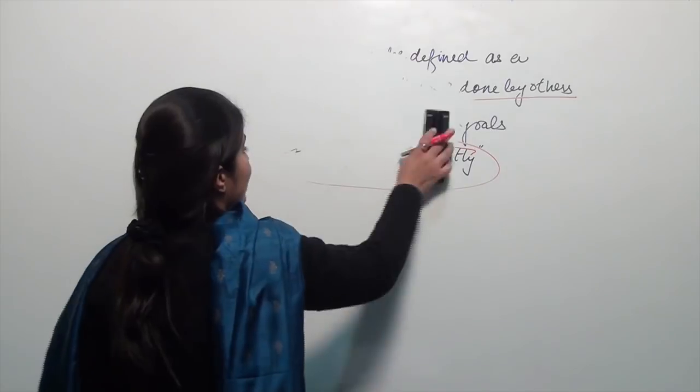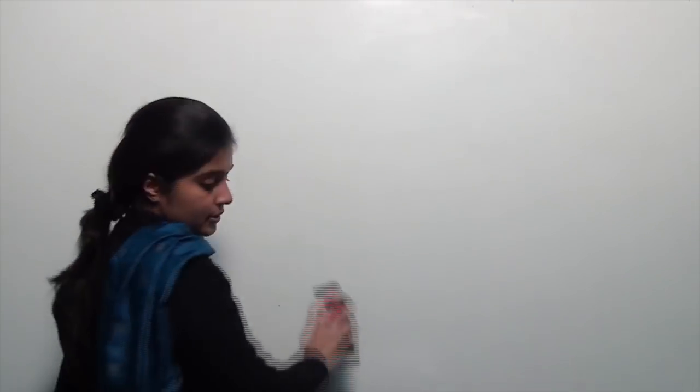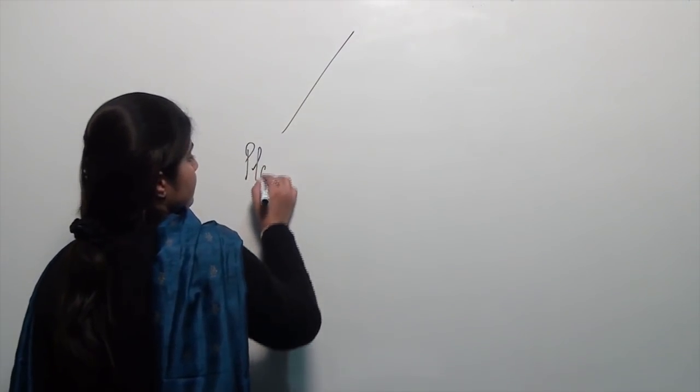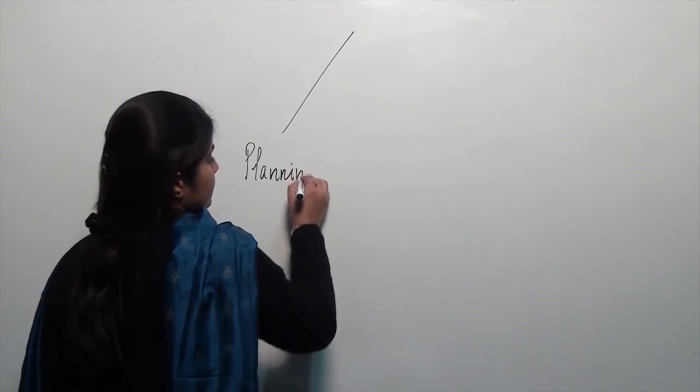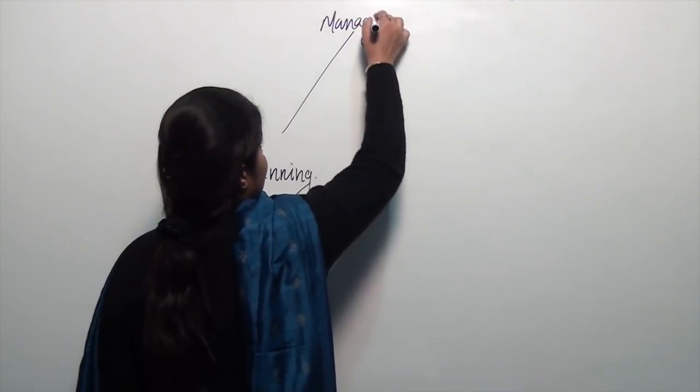We said that management is a process. Now, what are the different steps which are to be undertaken in the process of management? First one being planning.